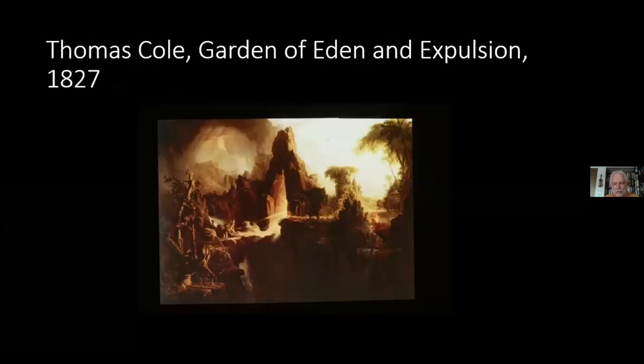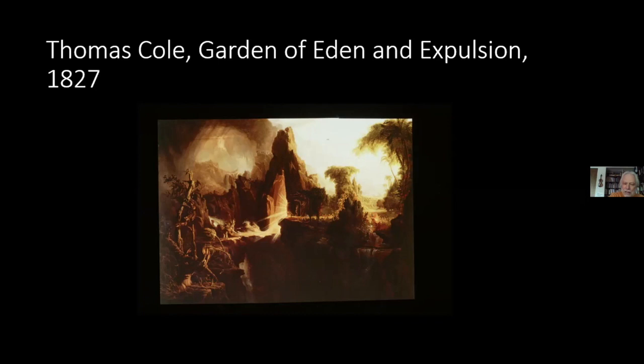Another subject we've seen before is the Garden of Eden, and at least Adam and Eve in some way. Here is Thomas Cole's large treatment of both the Garden of Eden as this lush, green Eden, contrasting it with the much more violent, angry, pallid, lacking in color of the world outside.